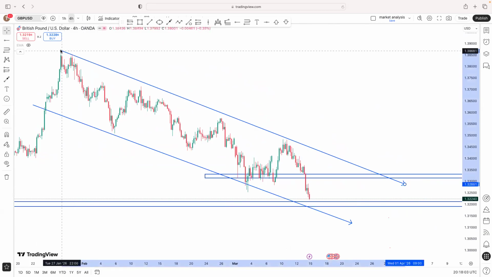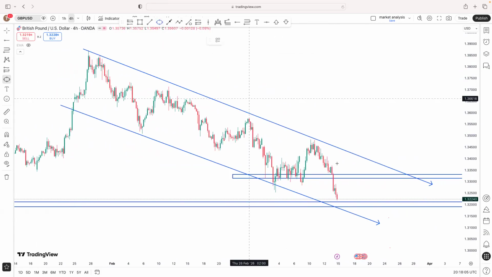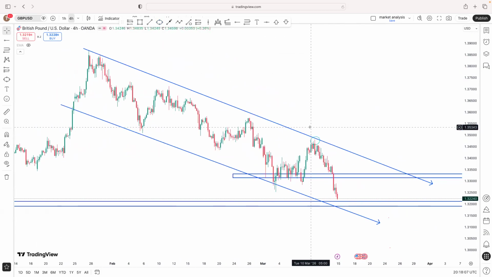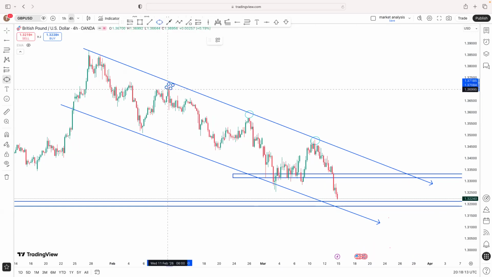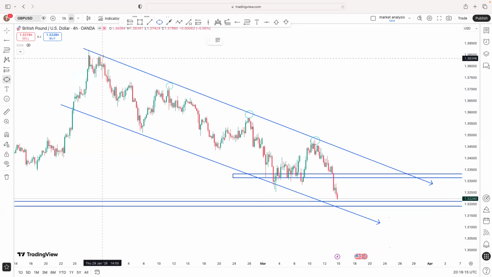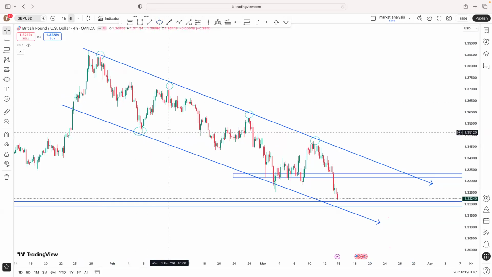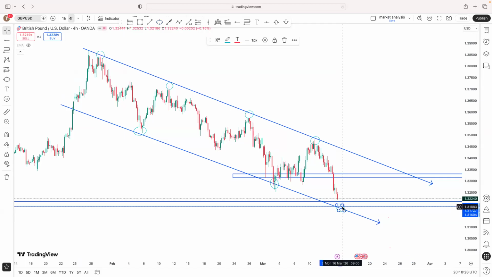Now, the market has been respecting these zones, right? Has been respecting these areas. So our next low point is just right here.